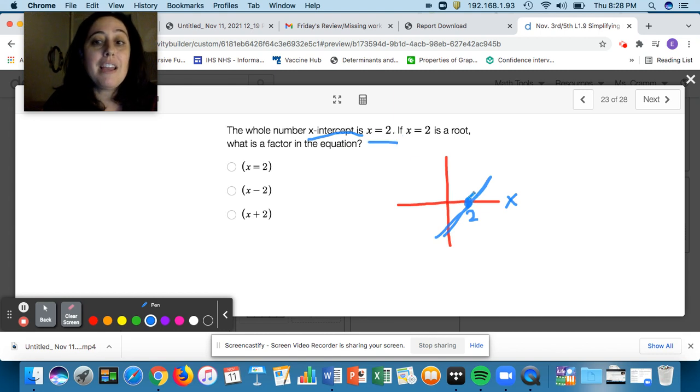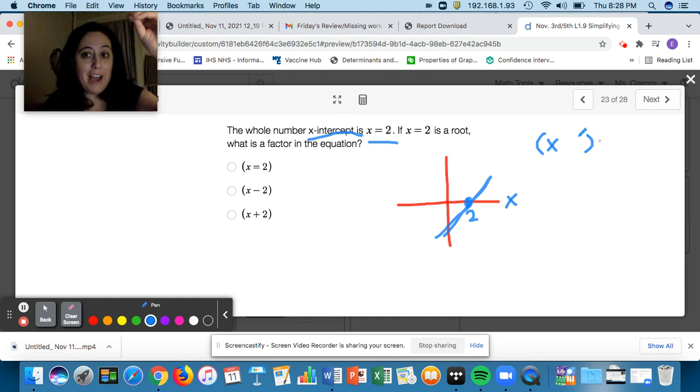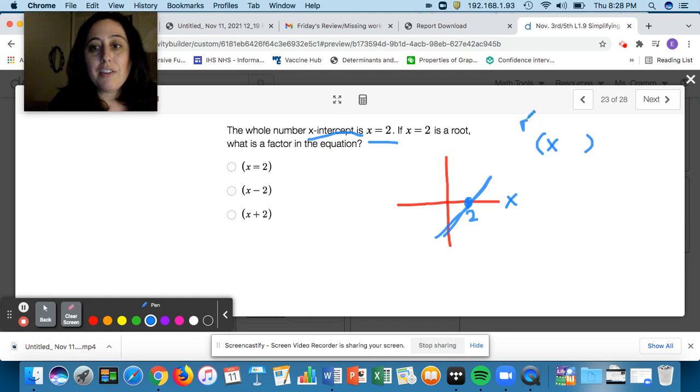Okay, so if this is your root, your x-intercept, remember that we've had factors like x and then a number. Let me just write factor.